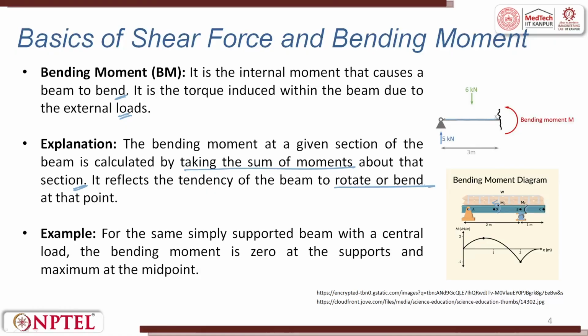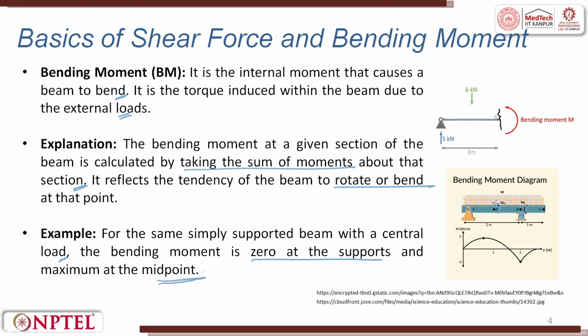So here there is a rotation or bending. It can happen this way or this way. For a simply supported beam with the central load, the bending moment is 0 at the supports and maximum at the midpoint.